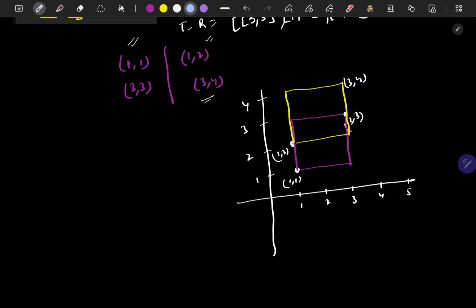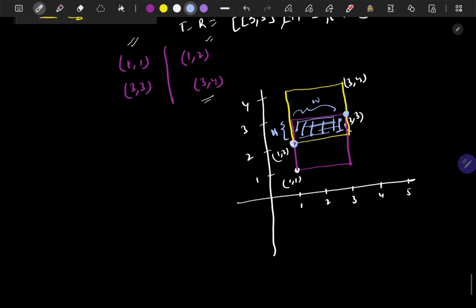If you observe properly, this is our overlapping area. How will we find this area? To find this overlapping area, we have to find this height and then this width.